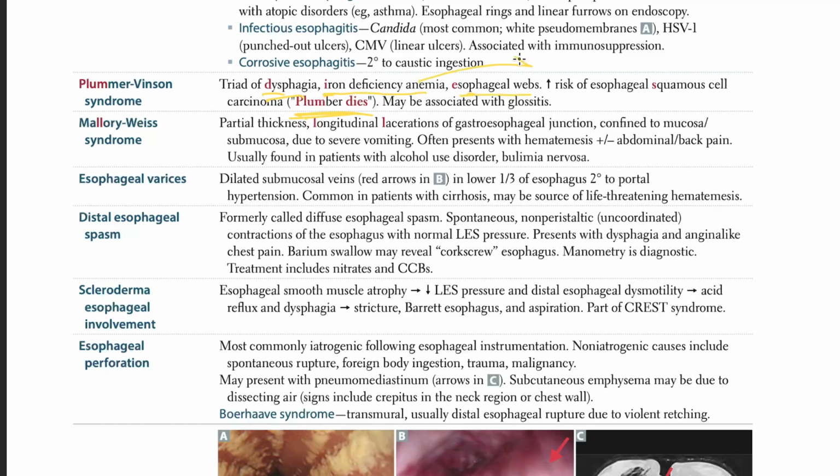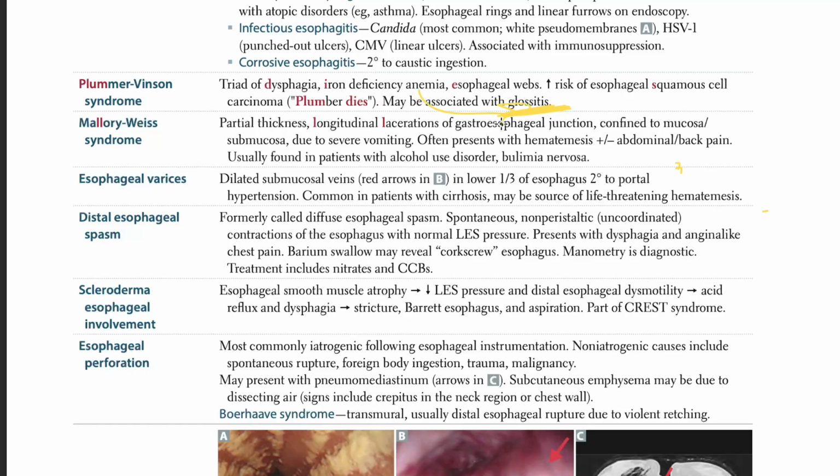Iron deficiency anemia is going to give you glossitis or red tongue as well, or burning tongue, difficulty swallowing, which is also already dysphagia. Increased risk of esophageal squamous carcinoma, maybe associated with glossitis. Glossitis. Yeah, you got it.